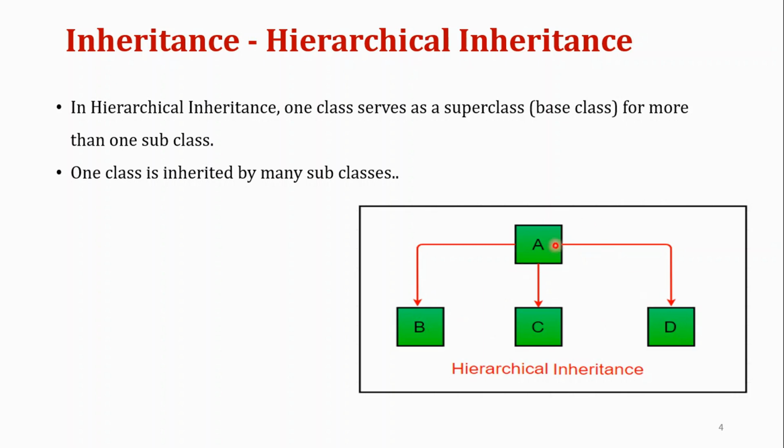So one class is inherited by many subclasses. In the demo, for the explanation, I used only three derived classes. You can have as many derived classes as you want, minimum 2 or maximum n. So class A is inherited by all the derived classes. Class B, C, D are the derived classes.